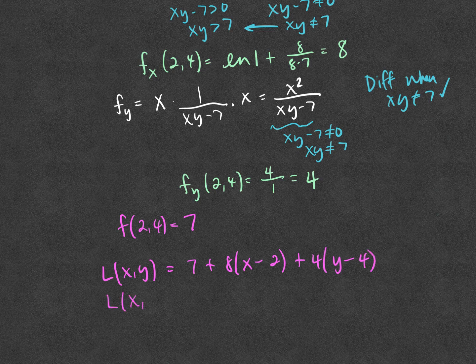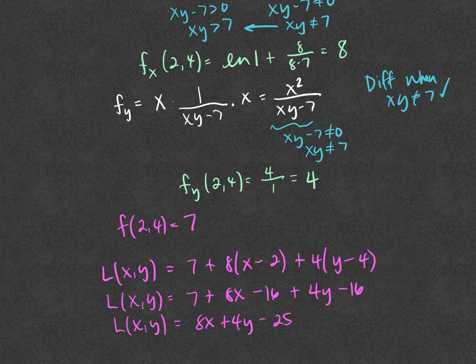So the linearization at x, y is 7 plus 8x minus 16 plus 4y minus 16. So the linearization of x, y at this point is 8x plus 4y, and we have negative 32 plus 7, which makes negative 25. So minus 25, and that's our linearization of f of x, y at the point 2, 4.